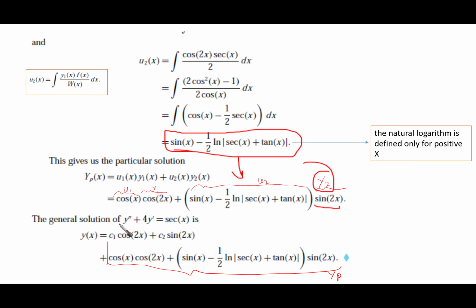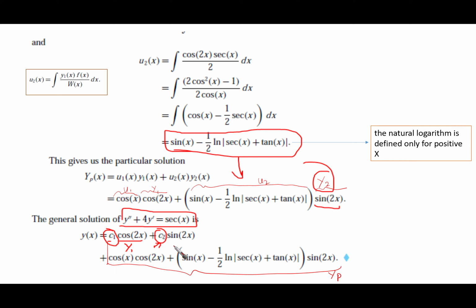The general solution of y double prime plus 4y equals sec x, which is the non-homogeneous equation that we're talking about, is going to be c1 cosine 2x. What is cosine 2x? Exactly, it is y1. And now you can see c1 here, okay? Before, we said that c1 was not there, we put it only as 1, but now it appears here. And plus c2, again, this is c2 here, so we didn't neglect them, we just put them in at a later stage, okay?